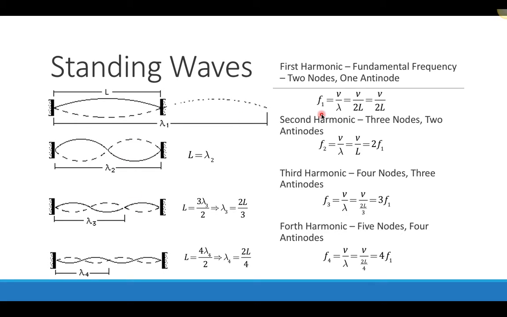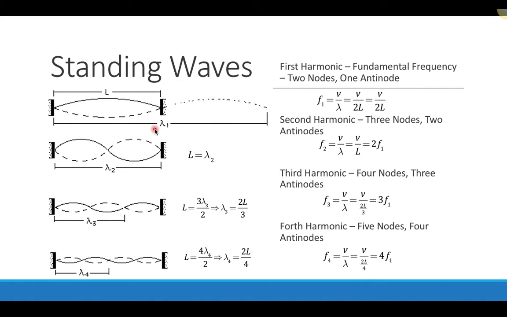So if I go to my expression for frequency, for the fundamental frequency, the frequency is the speed of the wave over the wavelength. And I realize in my picture here that to create one whole wavelength, I would actually have to expand the length of the string and have another section. So the length of my string is actually only half of a wavelength.